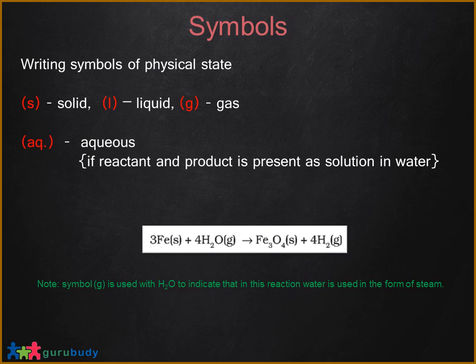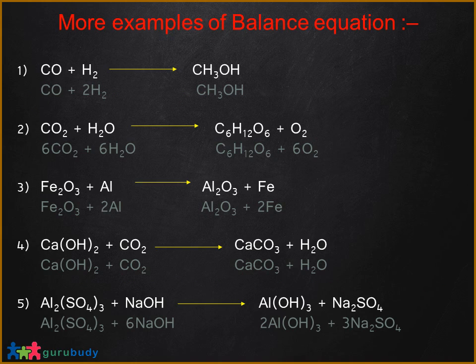As you can see, our hydrogen is actually in the gas form. We don't add this information, the physical state, all the time, but only if required. There are other examples of balanced equations, and I would recommend all of you to look at the equation, try to balance it yourself and check the results.